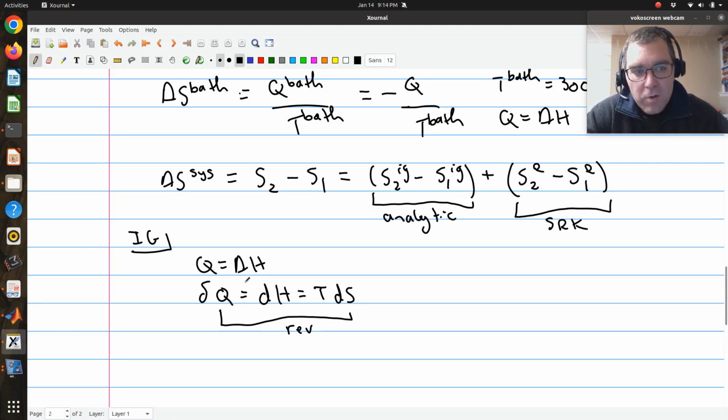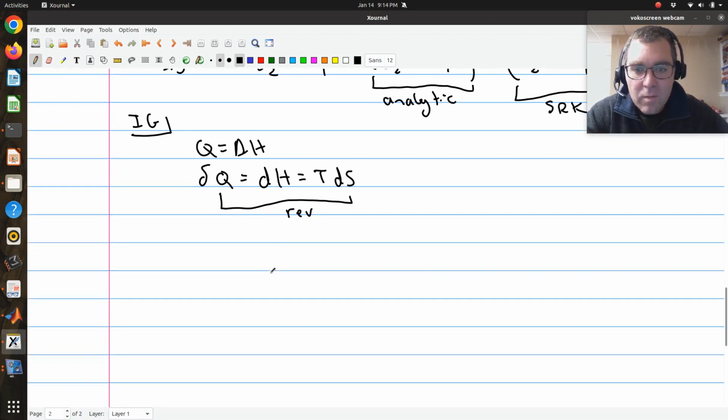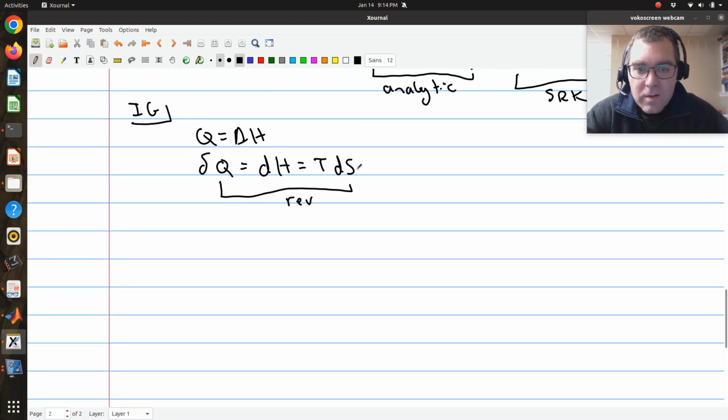And we just showed from part A for our first law balance that del Q for this constant pressure process is equal to dH. So dH is going to be equal to T dS, or solving for dS, dS is equal to 1 over T dH.